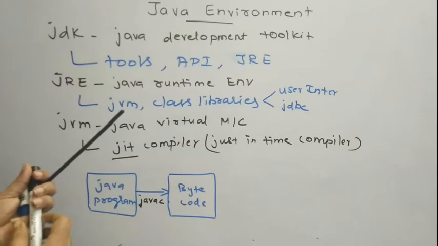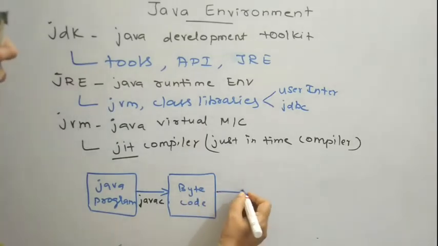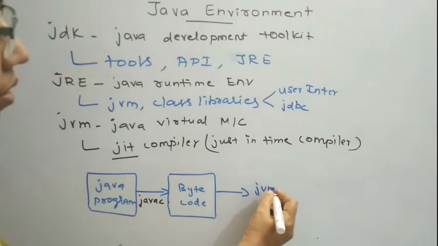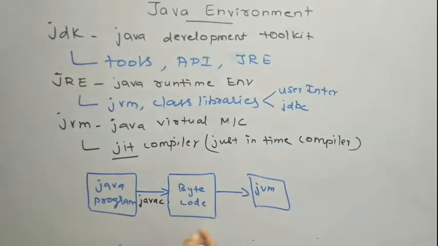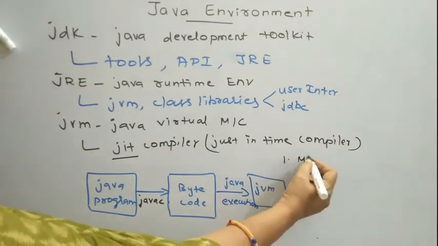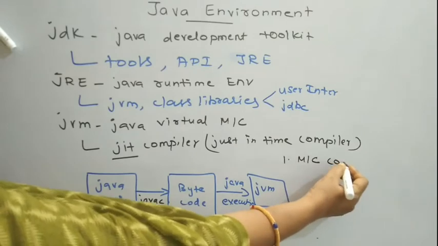Then the bytecode is given to JVM for execution, so we make use of the interpreter called java. What JVM will do is convert the bytecode into its corresponding machine code.